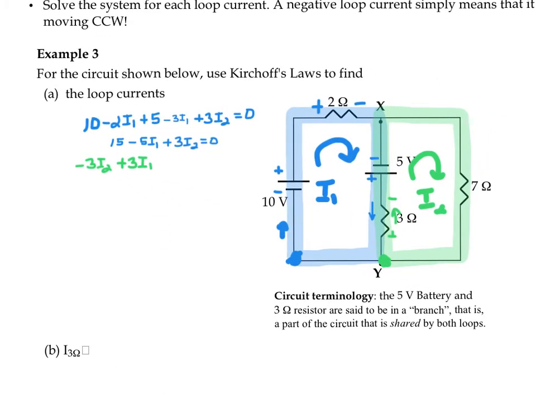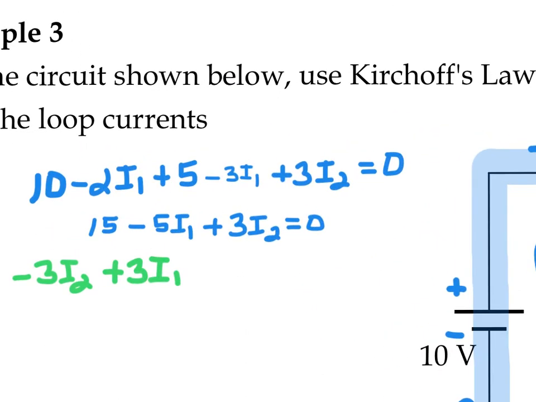Then what we see is we get to the battery, and we notice we're going from the plus side of the battery to the minus side of the battery. So therefore the electric potential is decreasing as it goes through the battery in this direction. So I'm going to subtract 5 volts.